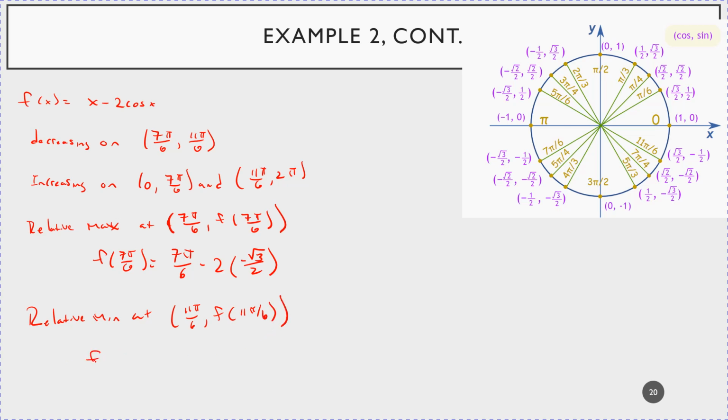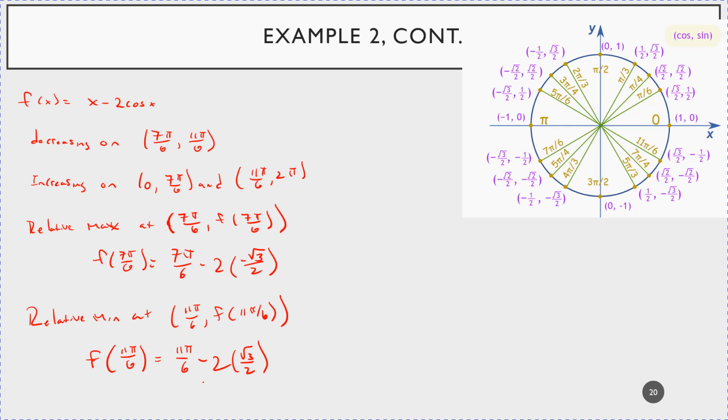And then just to see it, f of 11 pi over 6, plugging in gets you 11 pi over 6 minus 2 times cosine of 11 pi over 6, which is just square root of 3 over 2. All right, and in both those cases, you could cancel the 2's out. But this is that process.